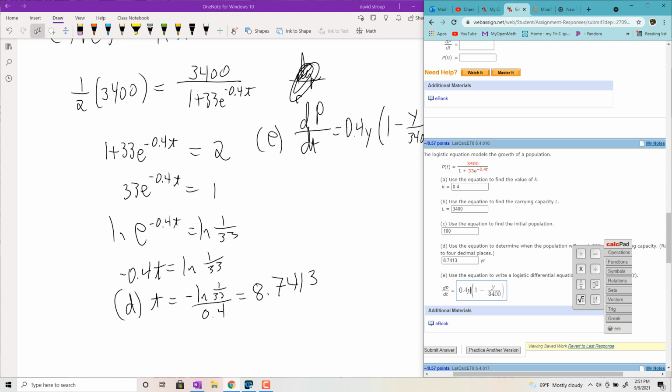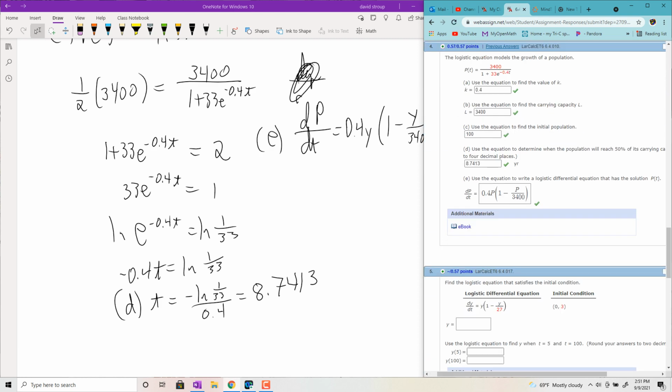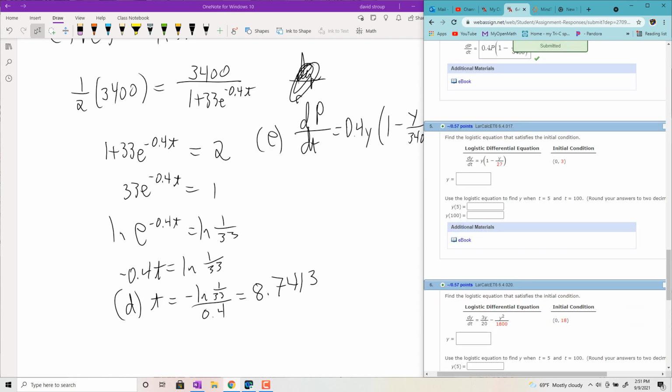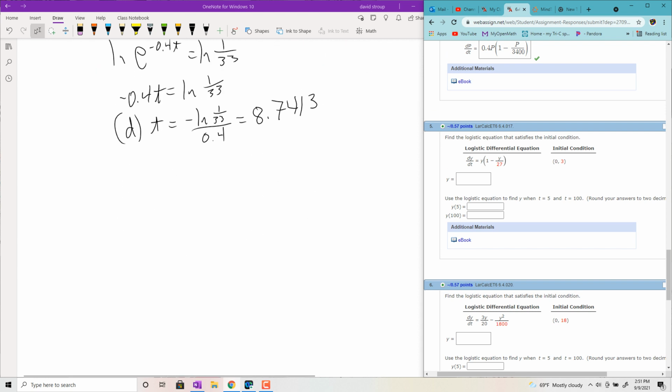Oh, and it has to be P. That would have been a nightmare if you did not realize it needs to be in terms of P, and it needs to be capital P as well. We nailed it. So there's the initial condition and the logistic equation to solve for that.